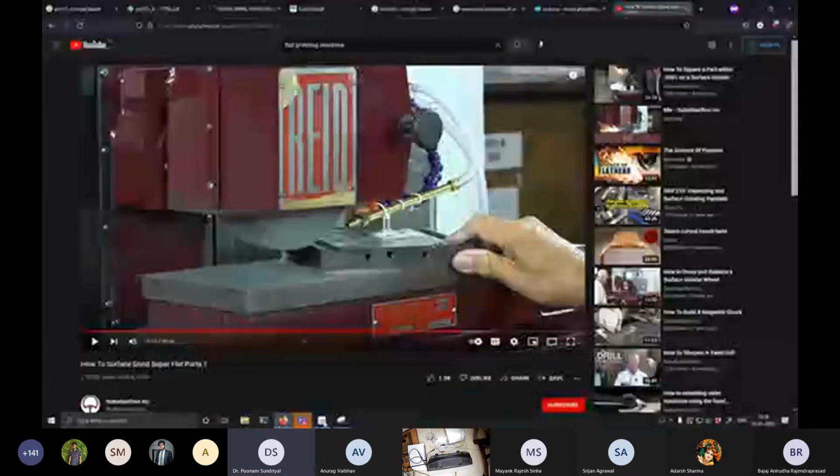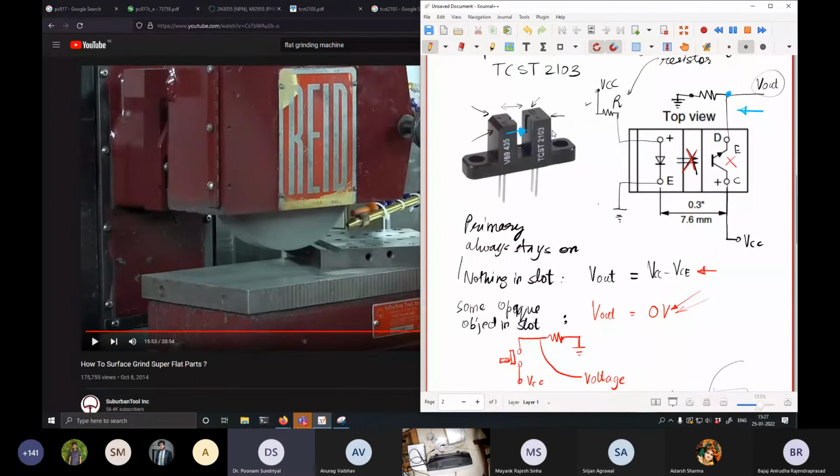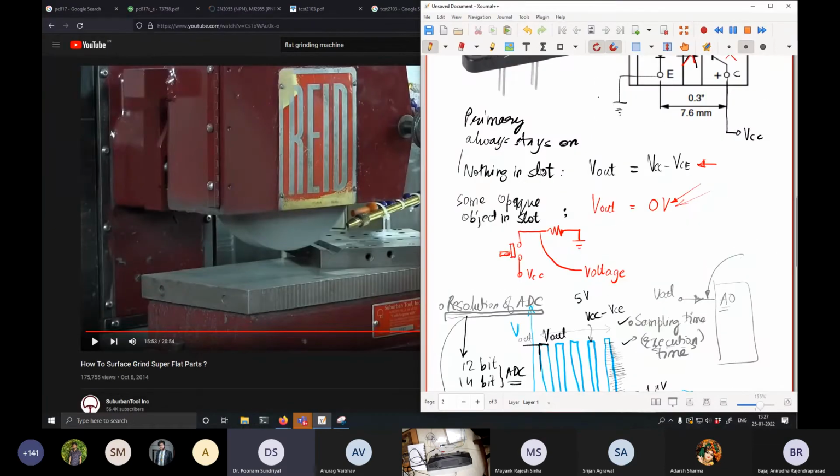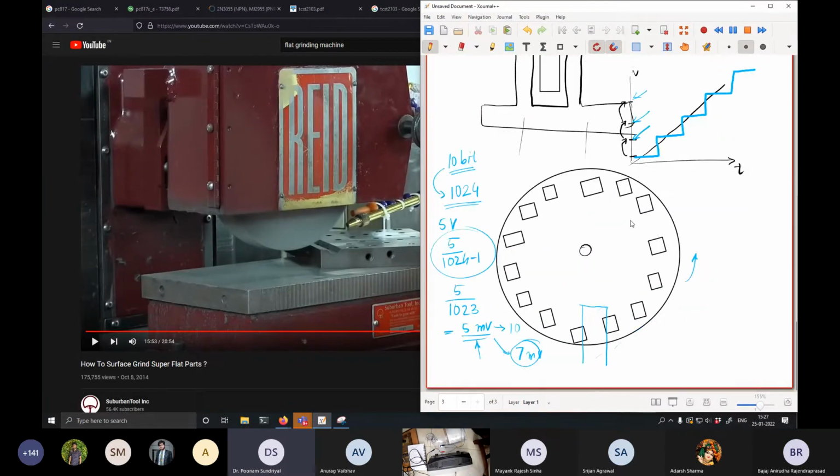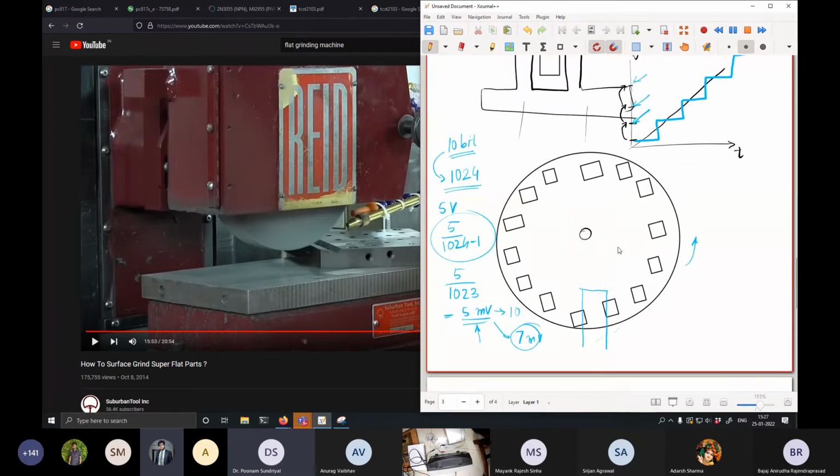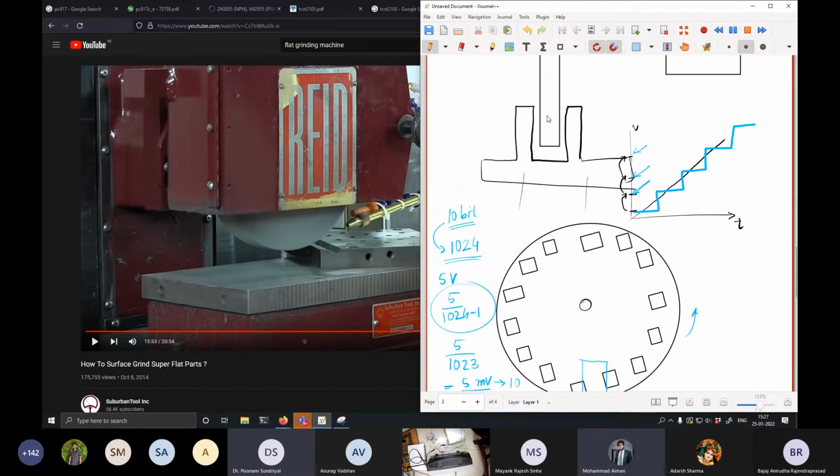So how do you think you can get it done with the help of this bad boy? Like determining the position. So you just need to figure out whether this stage has gone to a certain point. So you have a small flat piece sticking out and it goes into this slot, right? Is that what you meant?